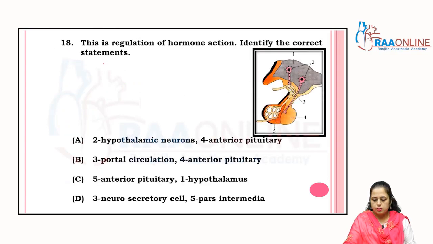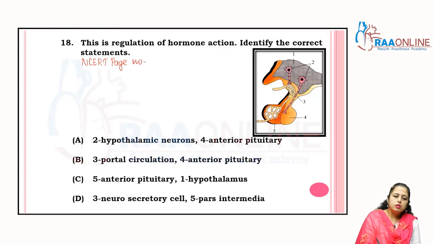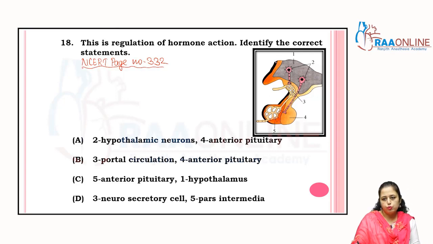Now come to the next. This is the NCERT diagram, given at page number 332. That is the diagrammatic representation of the pituitary gland and its relationship with the hypothalamus, right?